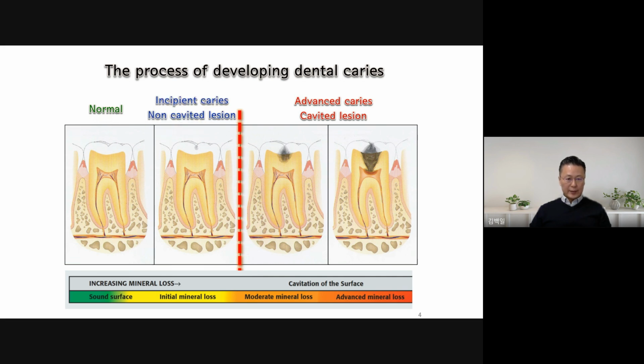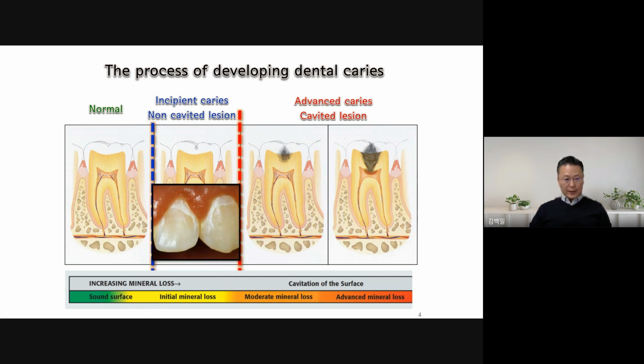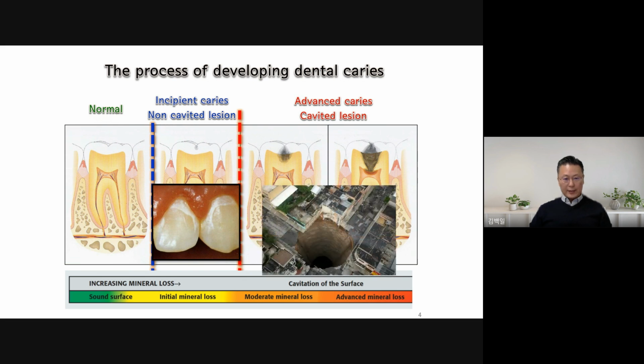This intermediate stage can be called incipient caries or early caries. Incipient caries maintains the continuity of the enamel surface, but appears as a white spot due to some difference in the refractive index. In contrast, advanced caries disrupts the continuity of the enamel surface, creating a cavity similar to a sinkhole.